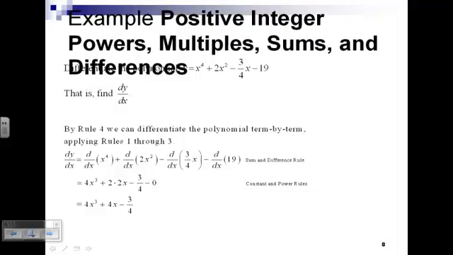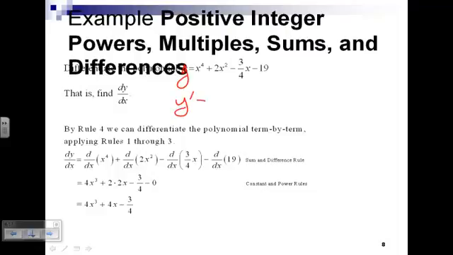You can't see it really clearly, but all it's saying is y is equal to x to the 4th plus 2x squared minus 3/4 x minus 19. Let's find the derivative of that. How would we do that?